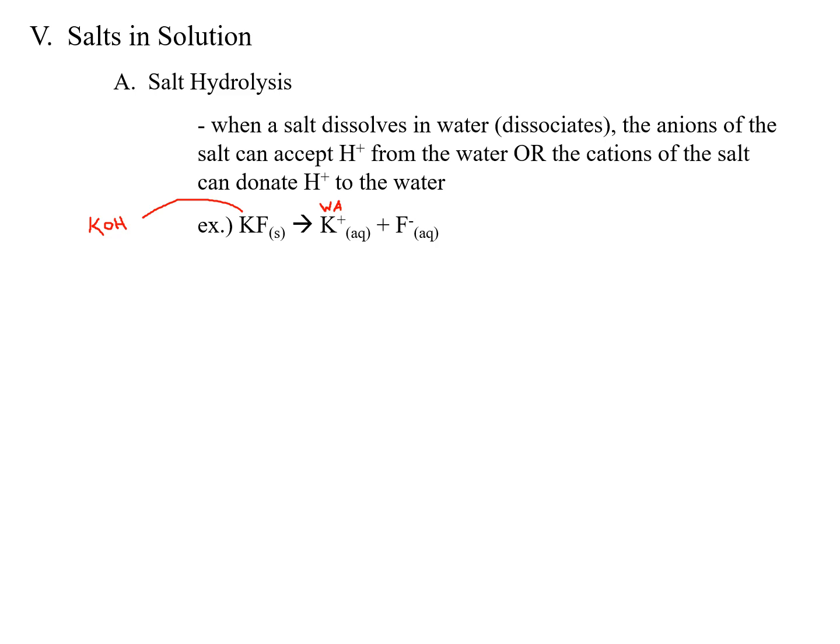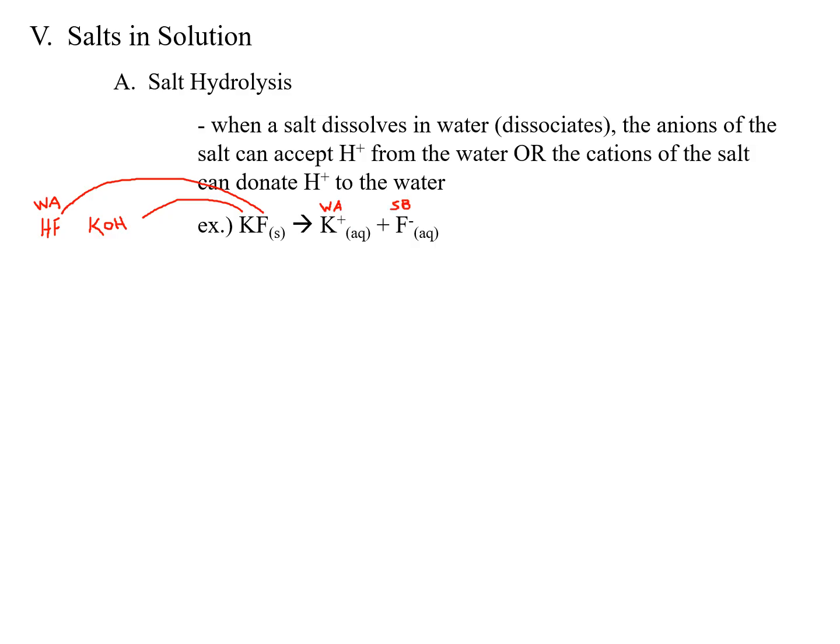But the F here would have originally come from an acid, and acids always start with H, so I can assume the acid was HF. Now, if you think back to your 6 strong acids, is HF strong? No, it's not one of the 6 strong, so it must be weak. If this is a weak acid, then its conjugate is a relatively strong base.